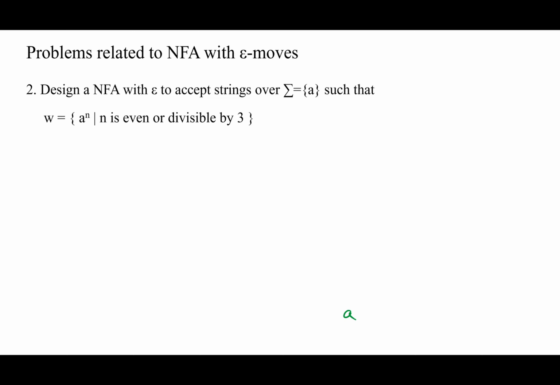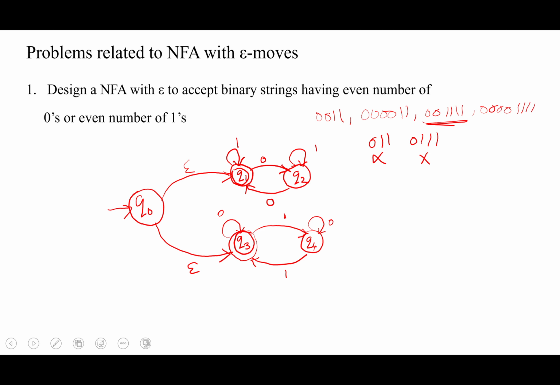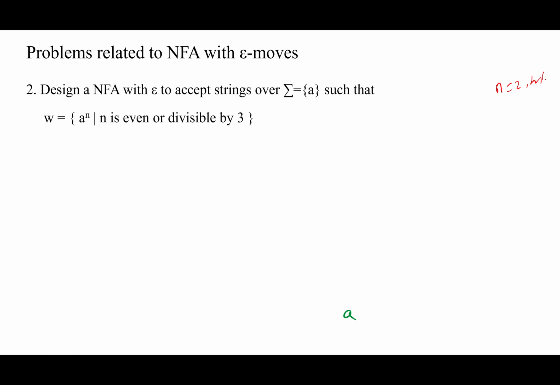So here n is even or divisible by 3, which means the n value can be 2, 4, 6, and so on. Otherwise it can be 3, 6, 9, 12, and so on. So it should be an even number or divisible by 3.